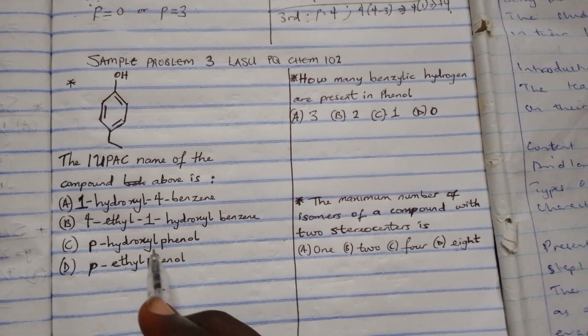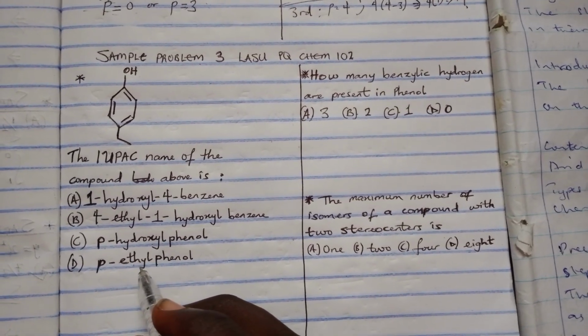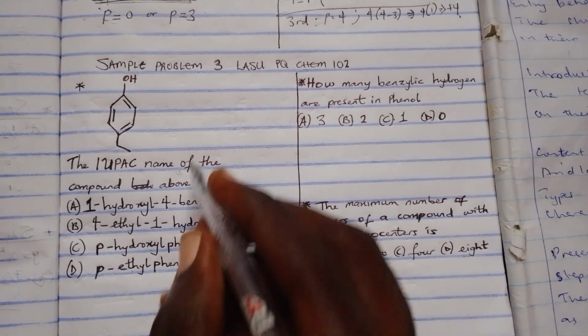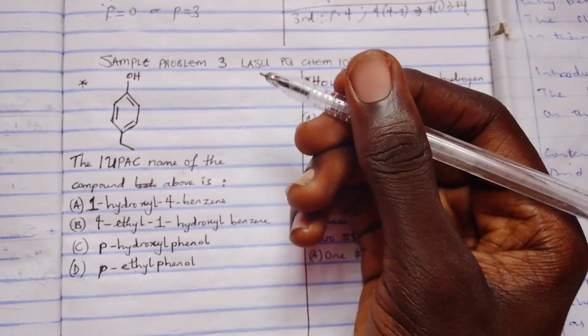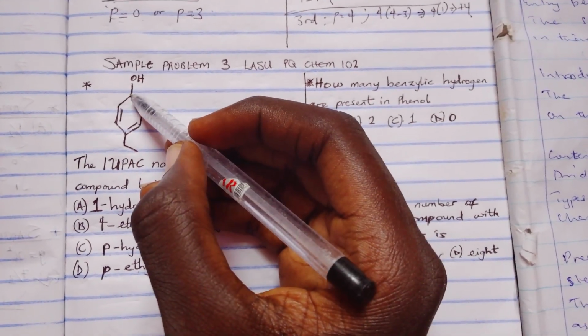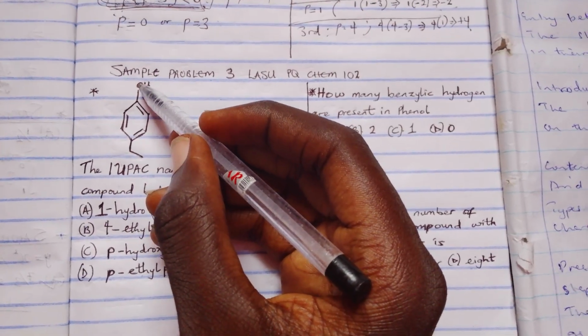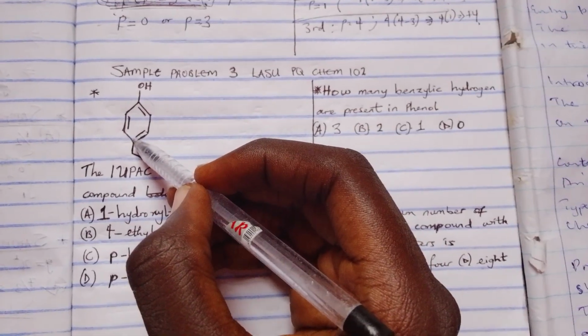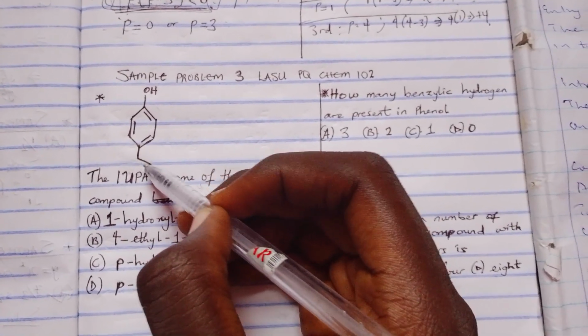Now this question is testing our understanding of the nomenclature of aromatic compounds, that is benzene, when we are talking of the disubstituted, that is when we have a benzene ring and one carbon of the benzene ring is attached to a group and another carbon is attached to another group.